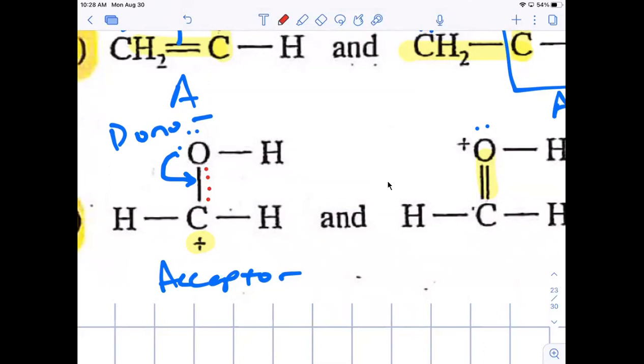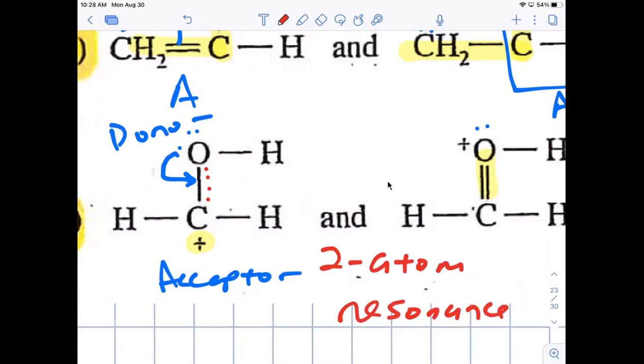So in order to do resonance, I need a donor and an acceptor adjacent to one another. So here's my donor, here's my acceptor, and this is an example of what I like to call a 2-atom resonance unit. Right? Where you have your donor and acceptor right next door to one another.